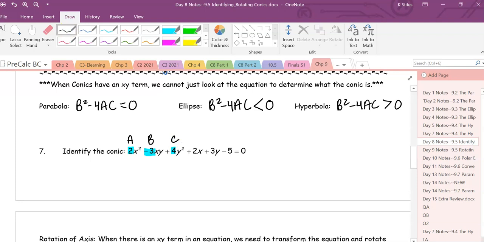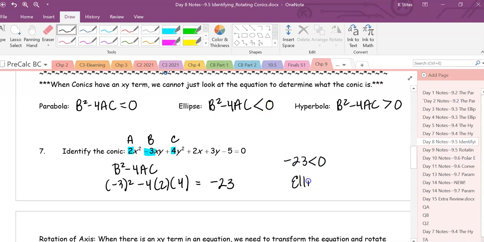You need to find your x squared, your xy, your y squared. That's what you're looking for. And then you're just going to plug your numbers in. So b squared minus 4ac is negative 3 squared minus 4 times 2 times 4. And that gives you a negative 23. And negative 23 is less than 0. And so we have an ellipse.